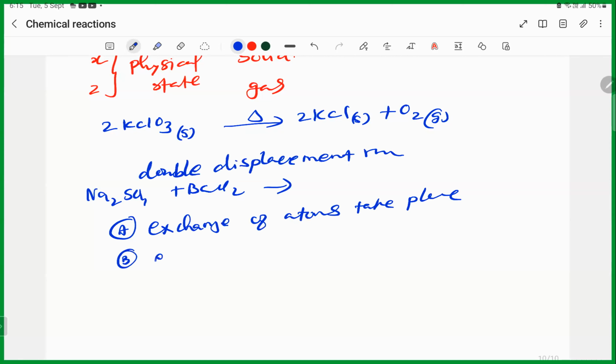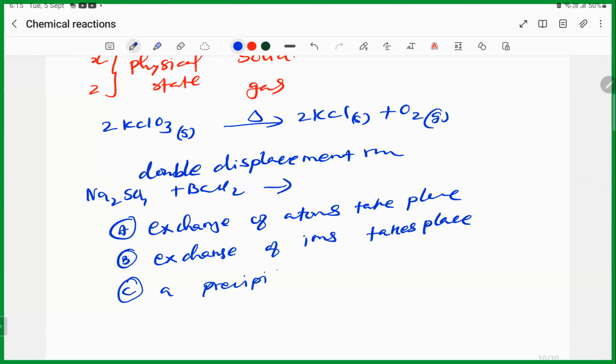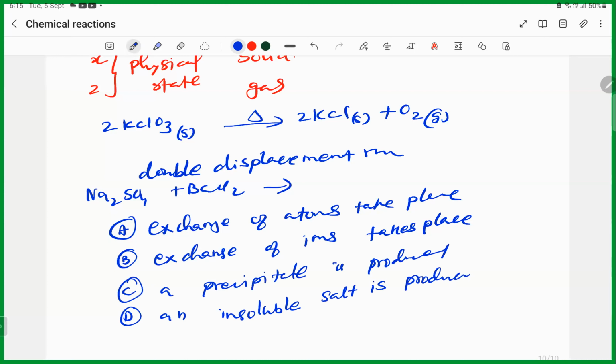B: exchange of ions takes place. C: a precipitate is produced. D: an insoluble salt is produced. You tell me which is the correct option.